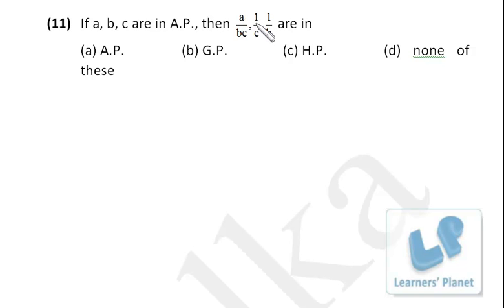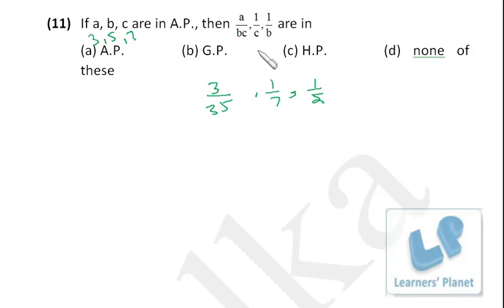So do not take A as 1, take some other comfortable value. Suppose I take 3, 5 and 7. So A by BC is 3 upon 35, 1 by C is 1 upon 7, and 1 by B is 1 upon 5.